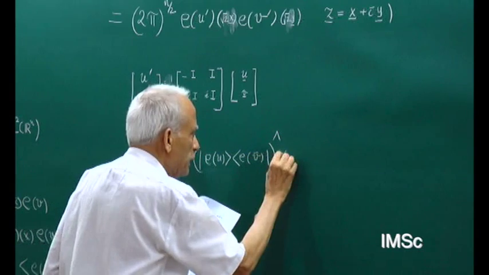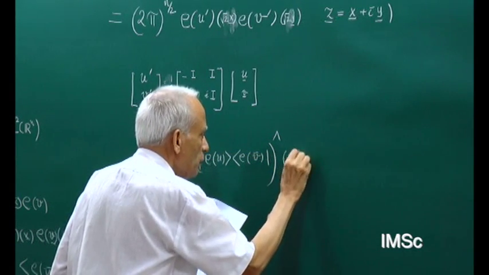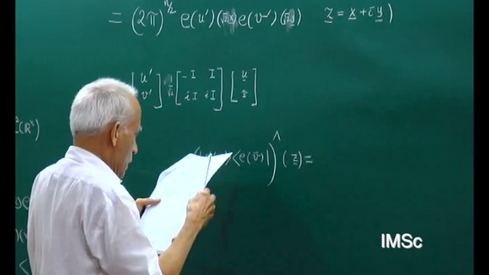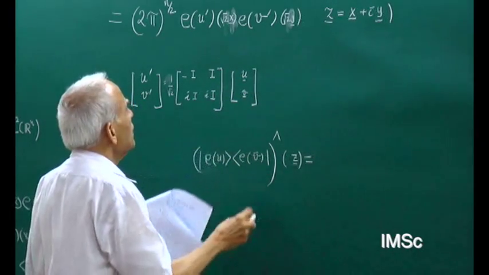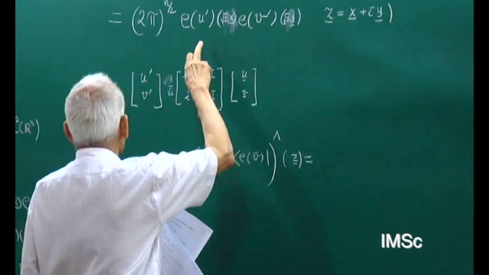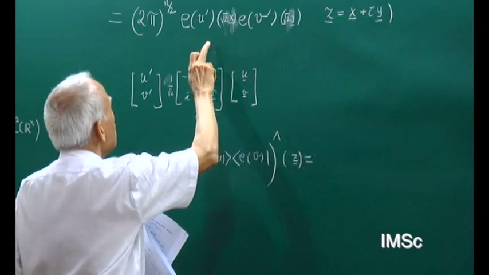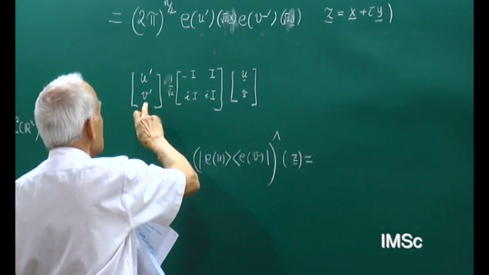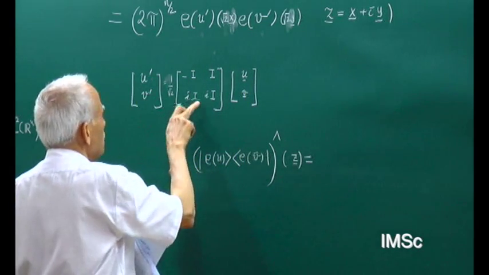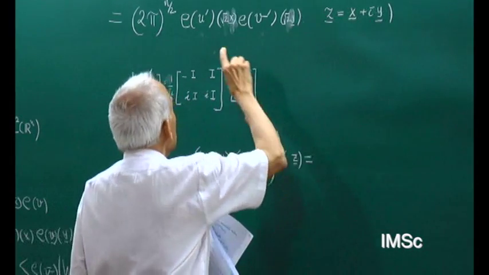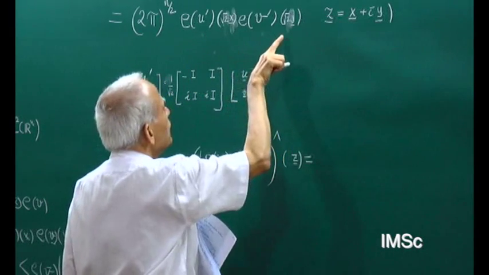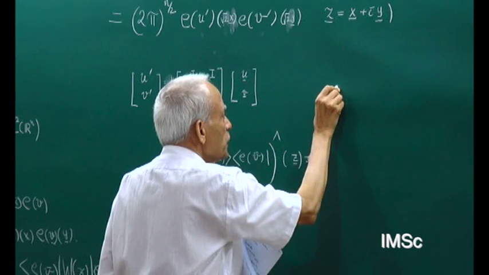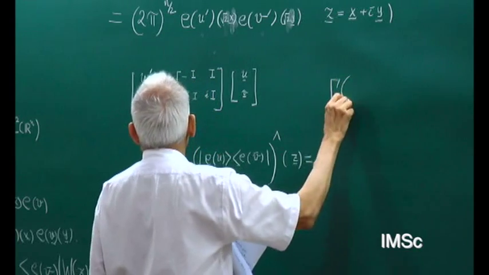So you can define this z equal to this expression, and if you analyze this, what has happened is E(u') E(v') equals this. Because of that, this function is nothing but the second quantization.